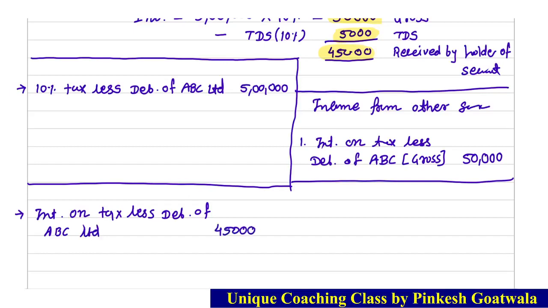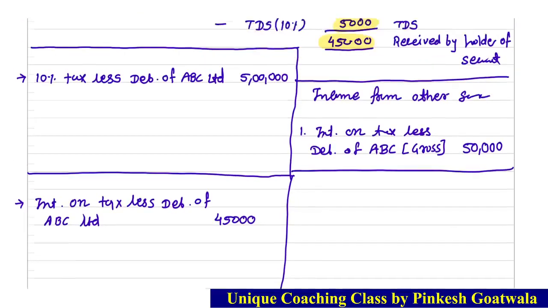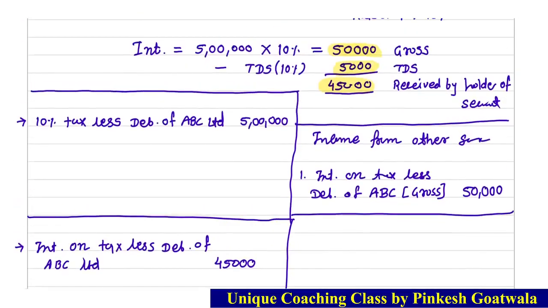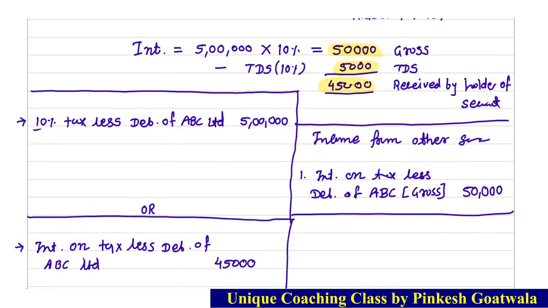So in a question you will get these two types of information. Here 10% tax less debenture of ABC Limited 5 lakhs is given, or this type of information will be given, that interest on tax less debenture of ABC Limited is 45,000. So what happened here? Here the rate of interest is given.